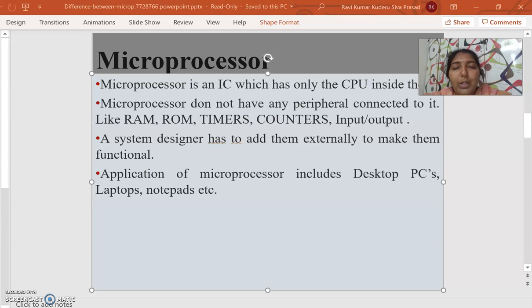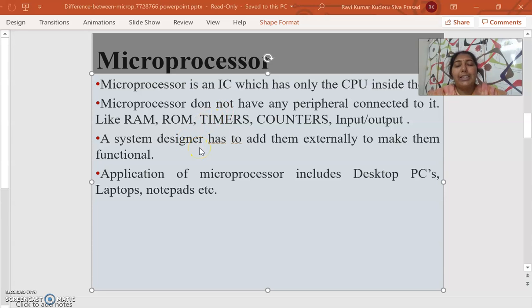It is the unit responsible for processing, and the term processing refers to calculations or operations. So the CPU is a unit which performs the calculations, executes the program, or performs some operations. We can say that a microprocessor is a CPU mainly intended for calculations.